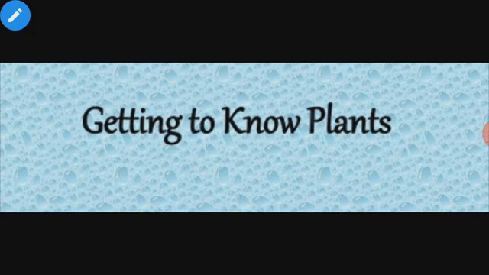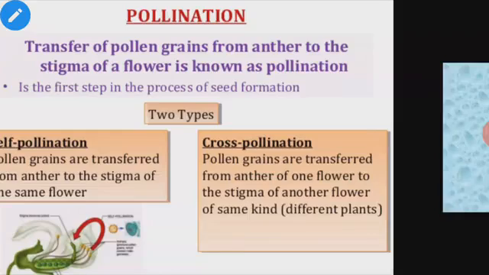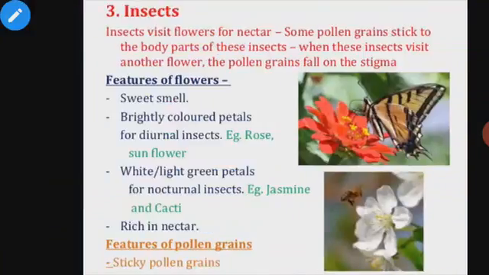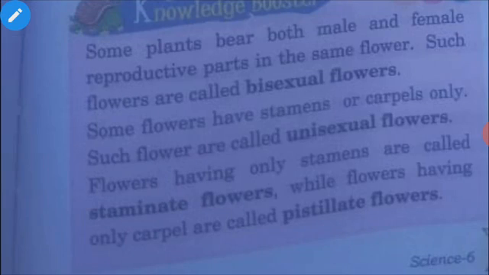Dear students, this is the last lecture of this topic, getting to know about plants. In the previous lecture, I discussed the structure of the flower. I defined different parts of the flower: sepals, petals, stamens and carpel.